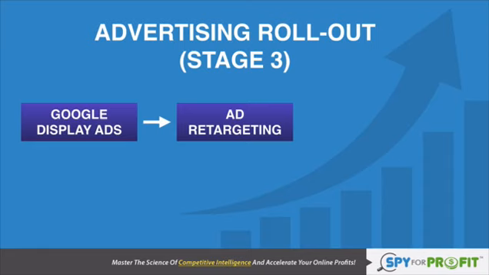Why this is important, we can use specific ad retargeting networks or options on certain ads, like with Facebook, I'll talk about in a second. And so we can follow that visitor around the internet and show them our ad only if they've been to our site before. So these wouldn't be new people, which all those other stages cover. This is now people that have already been to our website. But most ad retargeting, where we want to run ads to people that have already been to our website, converts really, really well.